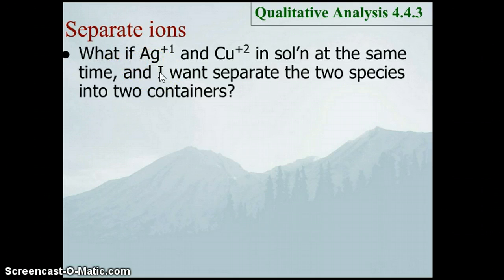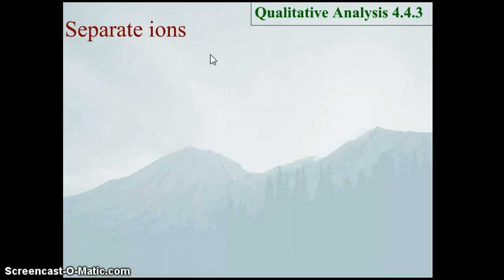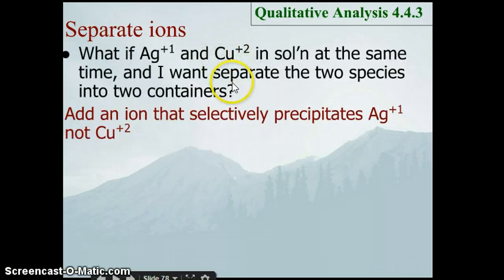So for example, I could add carbonate, using, for example, sodium carbonate, which dissociates into sodium ion and carbonate ion. And the carbonate would precipitate both the silver and the copper and get rid of them out of the solution. But I wouldn't be separating those two species. So what I need to do is add an ion that selectively precipitates one of those and not the other. And because of the solubility rules, it will be easier to precipitate out the silver first.